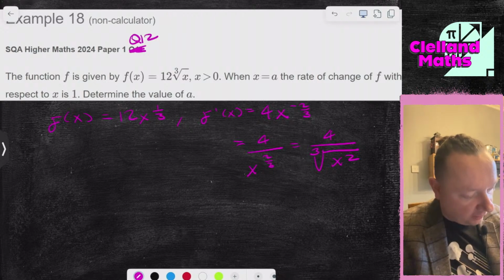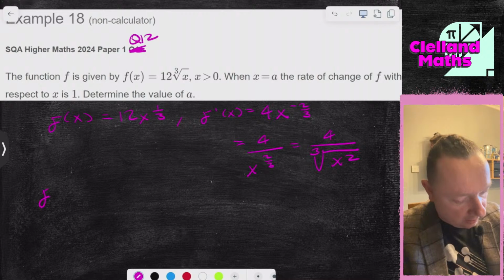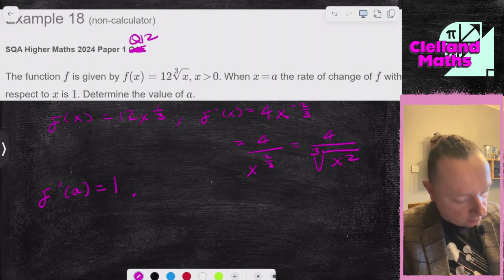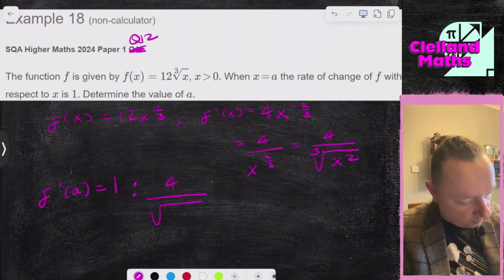Now, when x equals some number a, the rate of change is 1. So this full thing equals 1. So f dash a, just changing an x to an a for the sake of it, equals 1. So that means that 4 over the cube root of a squared, because that's x, equals just 1. So I need to solve that.